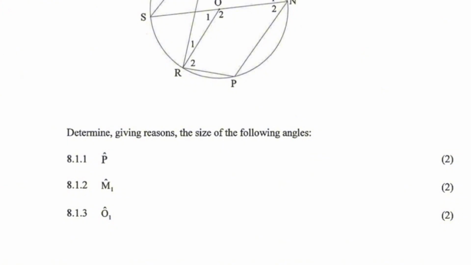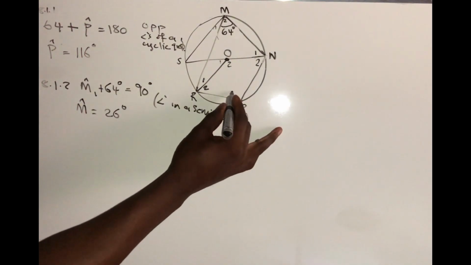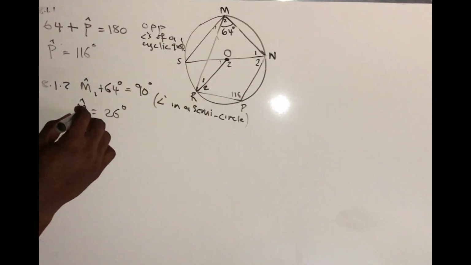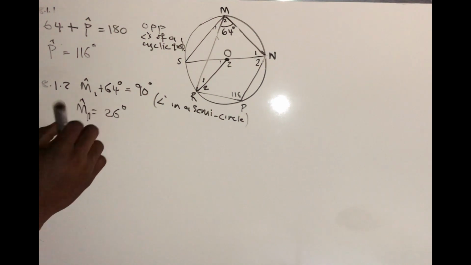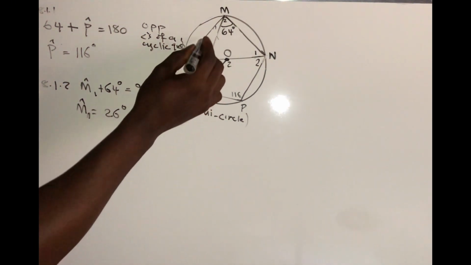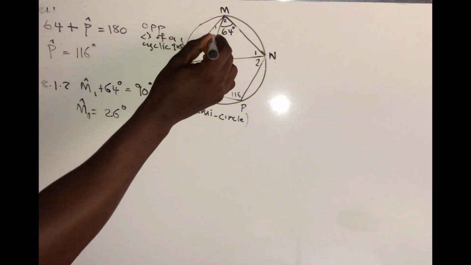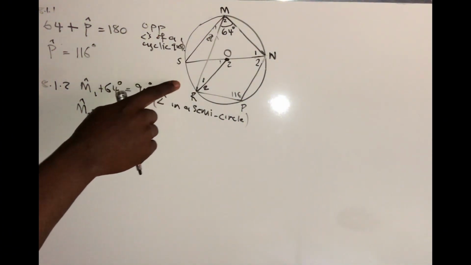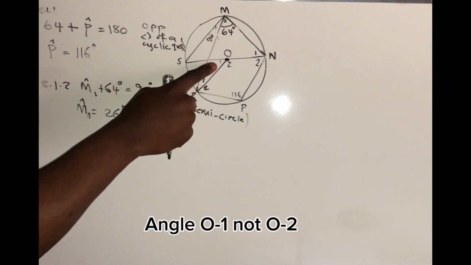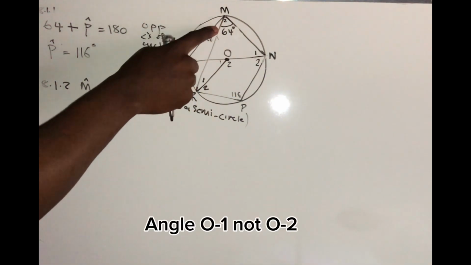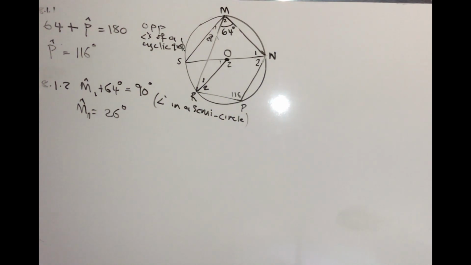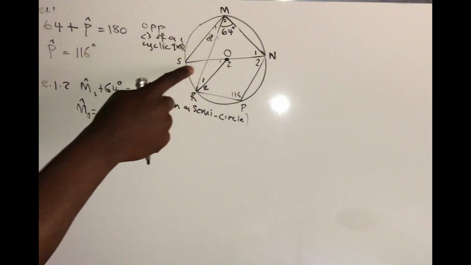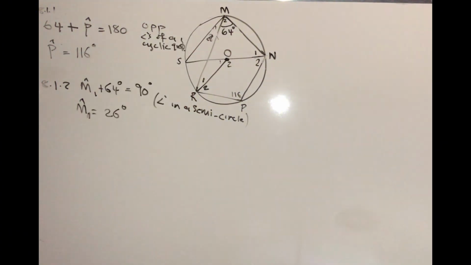So here angle P we got to be 116, and then here M1 we found to be 26 degrees. And if we look carefully, angle O1 and angle M1 have a relationship, the one that states that an angle at the center is twice the angle at the circumference.